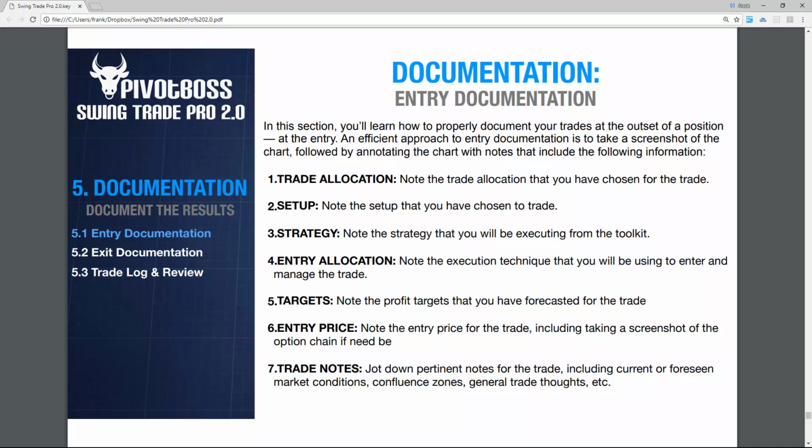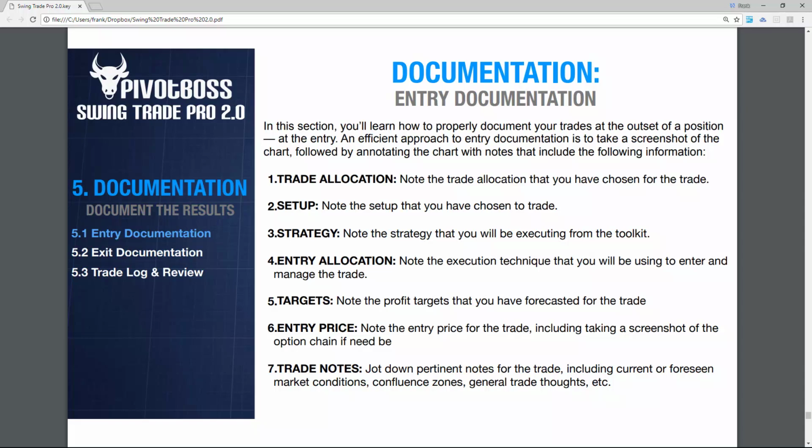So do what you need to do in order to successfully document your trades day in and day out, and so that you can review those trades as well. Again, the importance of documentation is significant, because you can glean so much information from past trades that will help you in the future.